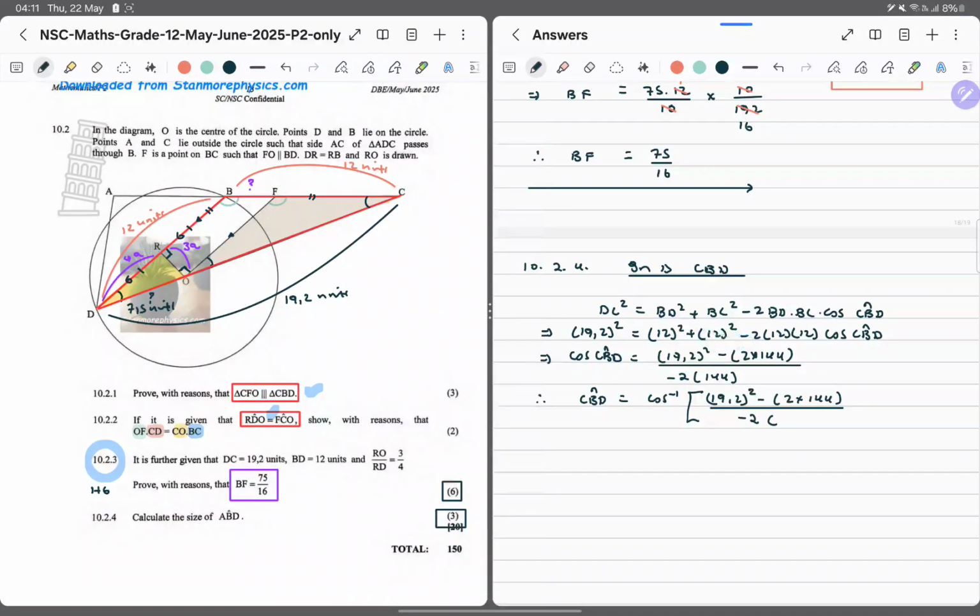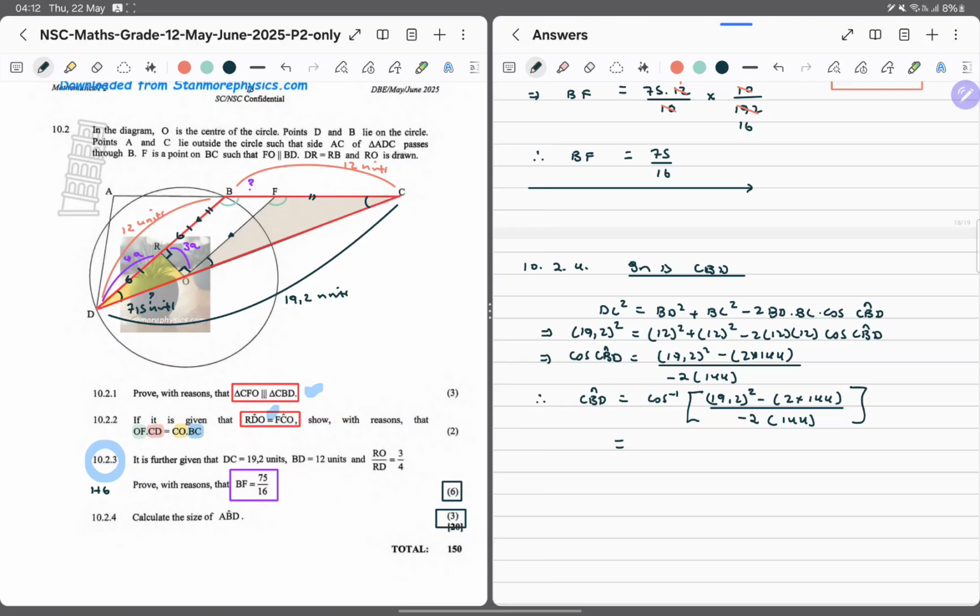Oh yeah, this is good. This is gonna be 2 times 144. Okay, so I need my calculator, so let me go grab it. So let's just do it nicely, one step.